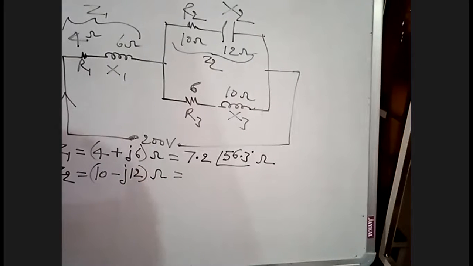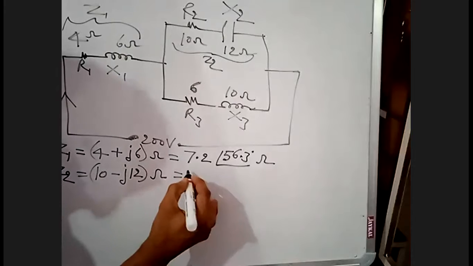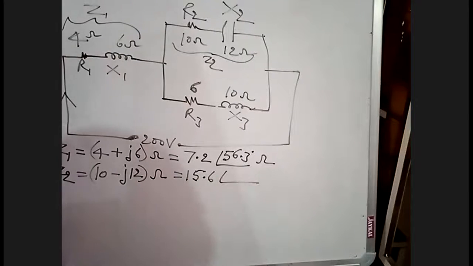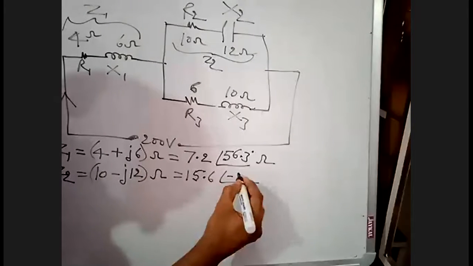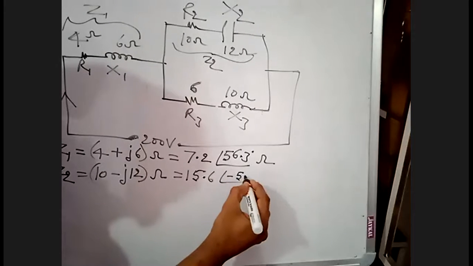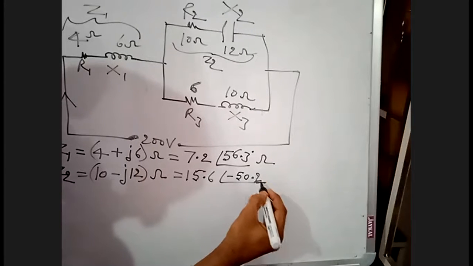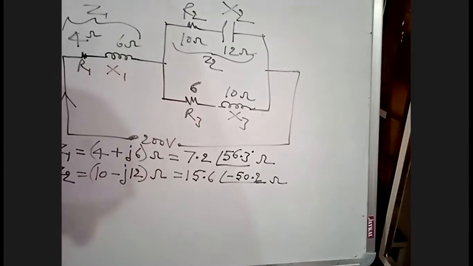Convert it to polar form. 18.62 and angle is minus 50.19 ohms.